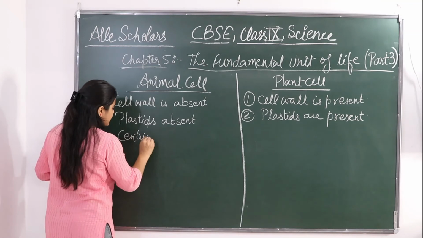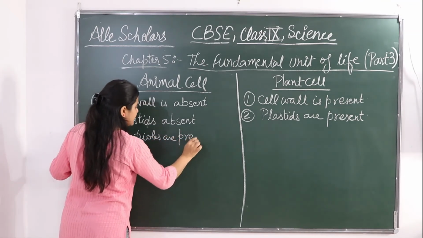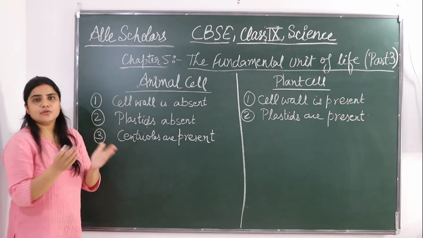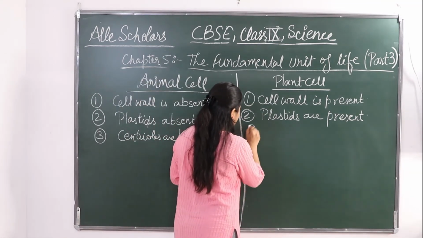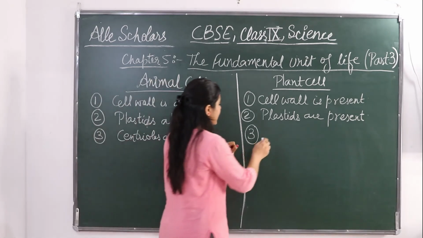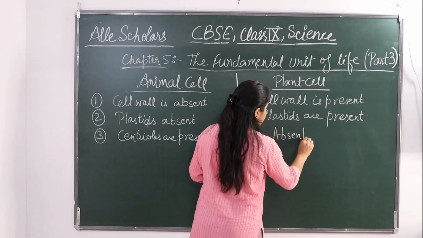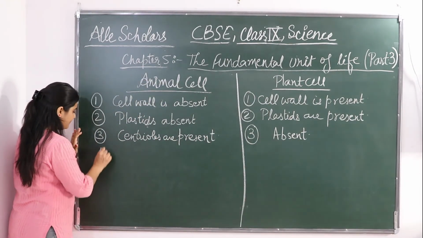Centrioles are present because in animal cell the cells divide. Okay, there is a division of cell. So centrioles help in the cell division, whereas centrioles are absent in case of plant cell. They are present in the animal cell.